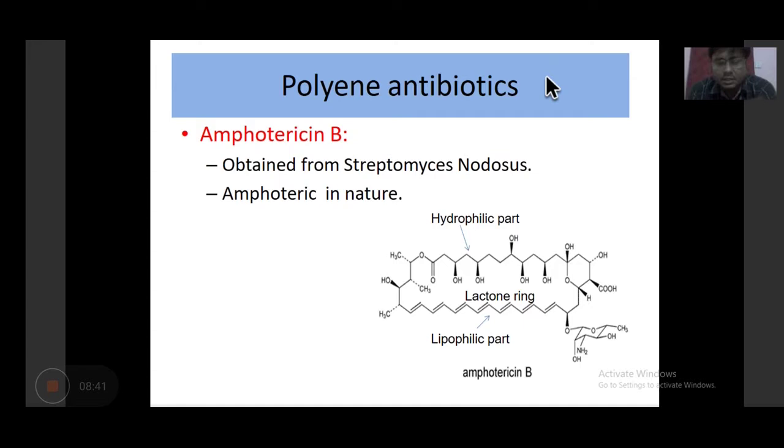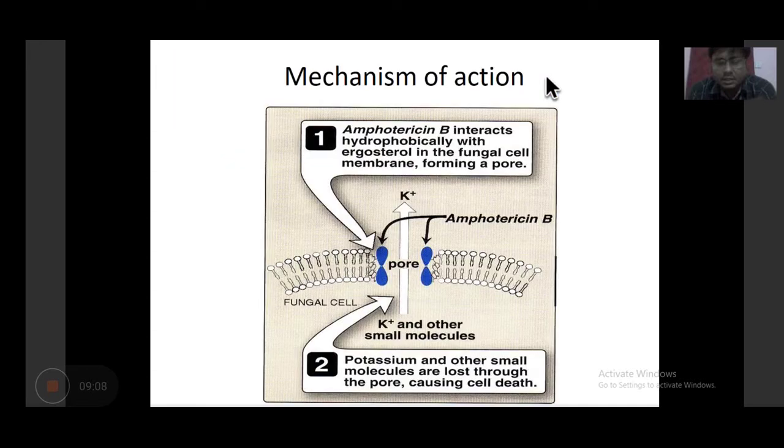Amphoteric in nature means it has both parts, hydrophilic as well as lipophilic, that is polar as well as non-polar. Ampho means both. Hence the name amphotericin B is given. We are more interested in the mechanism of action, not in the structure. Just knowing that it is amphoteric in nature is enough for us to know why this name is given to it.